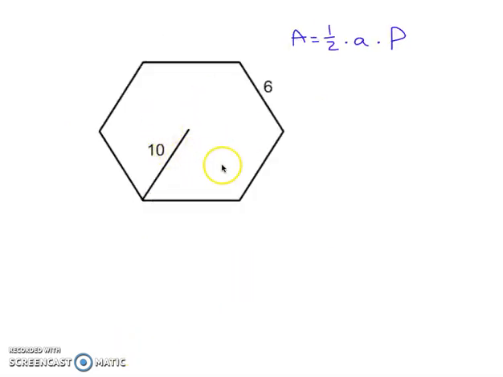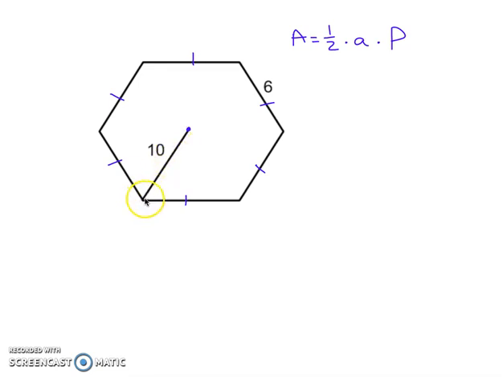Here's another regular polygon. All the sides are congruent. So the formula again is 1/2 times the apothem, we can see up here, times the perimeter. So if I look at my picture and I look at my segment in the middle, right here, this starts at the center, but it goes toward the corner.